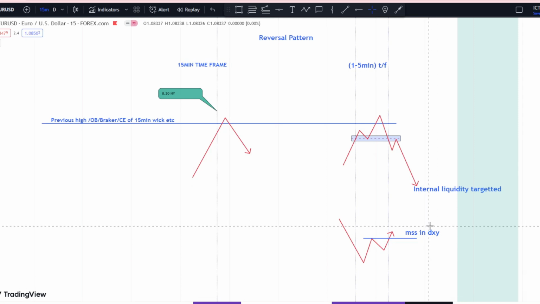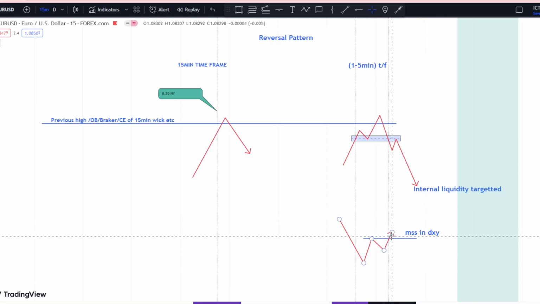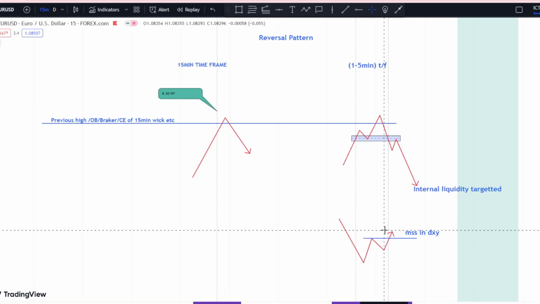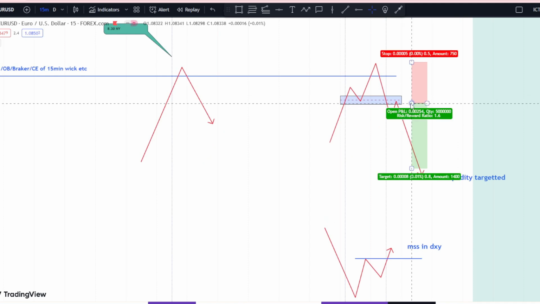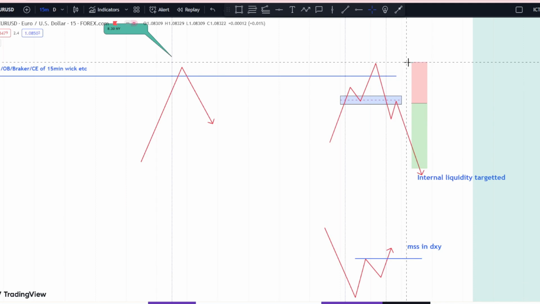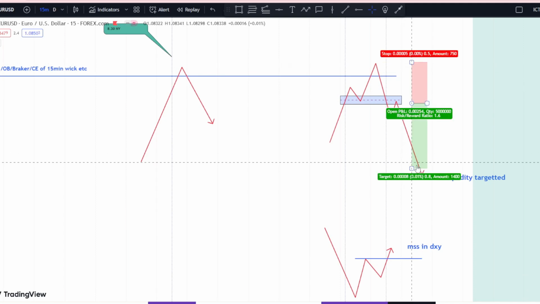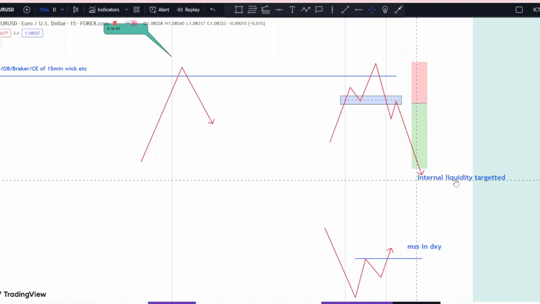The DXY must show a market structure shift in the direction that supports the trade. If all these criteria are satisfied, I will take the trade. So in this example, I will take a short trade by putting my SL here and targeting the internal liquidity.